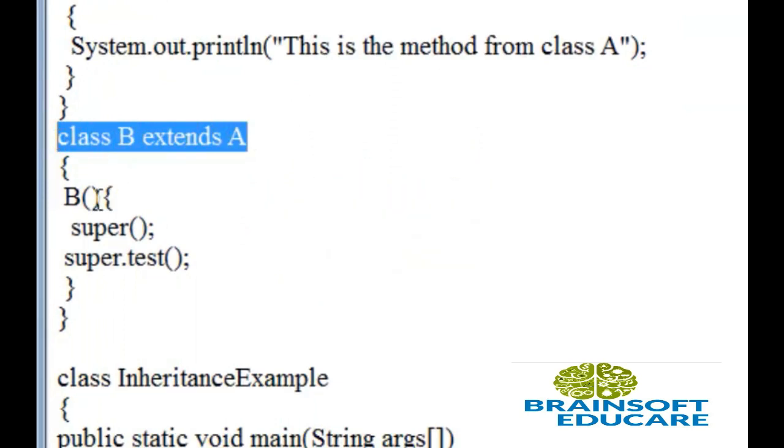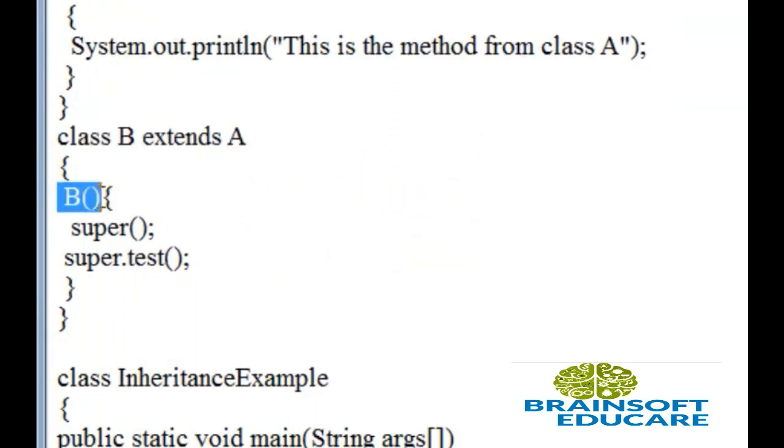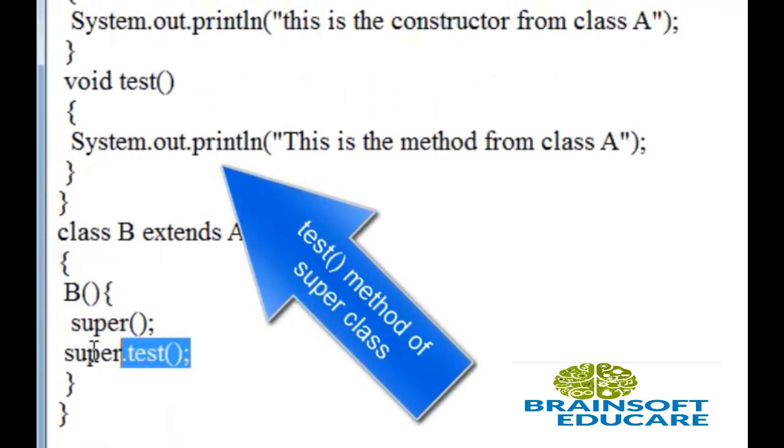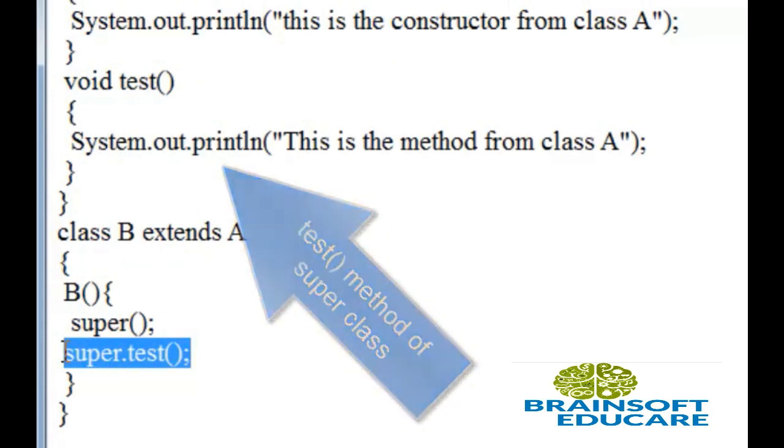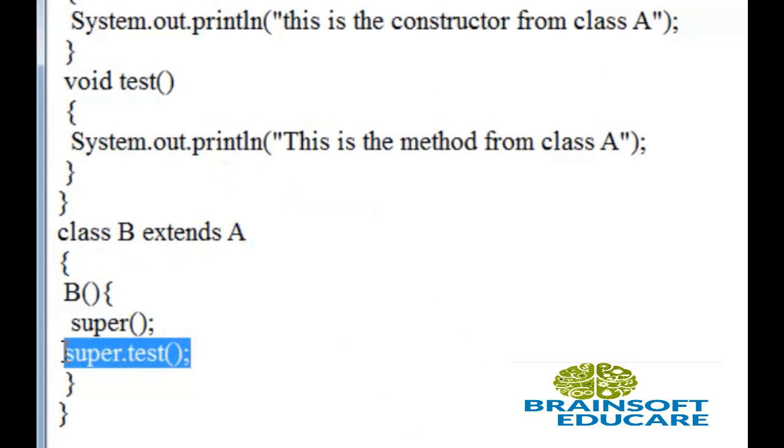Here this is the constructor B. Here we have used the super keyword to call the constructor from class A, which means we should write super in the first line of the constructor of the subclass. Here this is super.test to call the test method of the superclass.